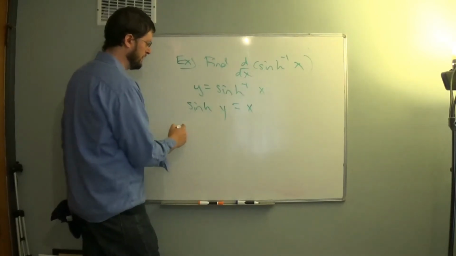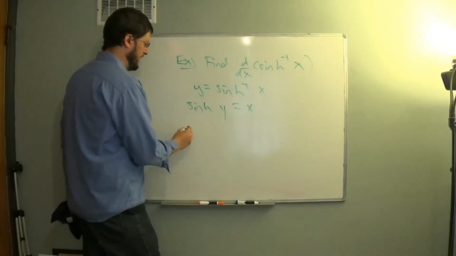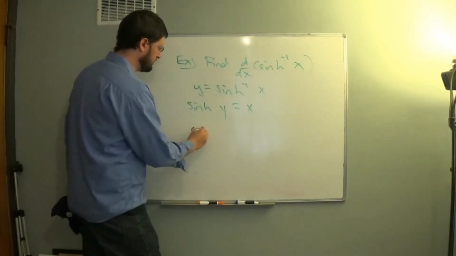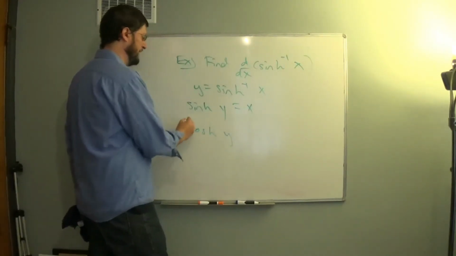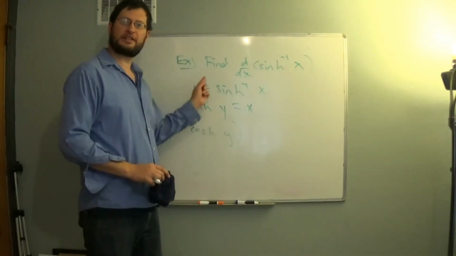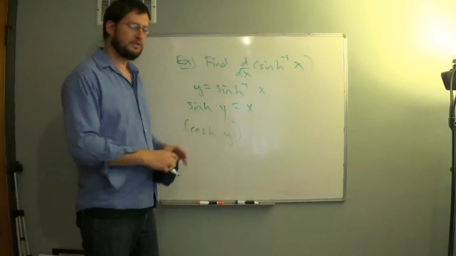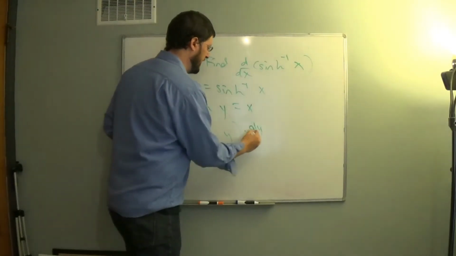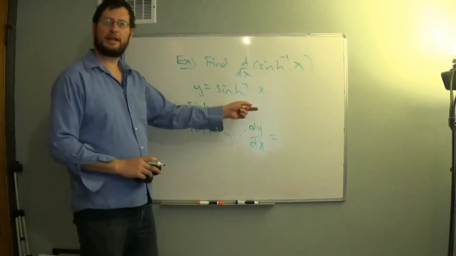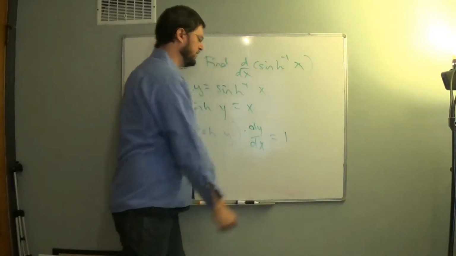If I take the derivative of the left with respect to x, then I get cosh y. But since this is implicit differentiation, I need to take the derivative of the inside. The derivative of the inside is dy/dx. The derivative of the right-hand side is the derivative of x, which is just 1.